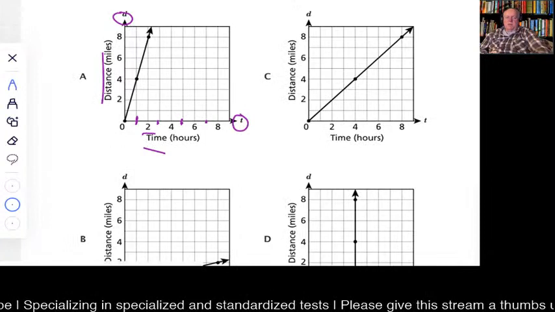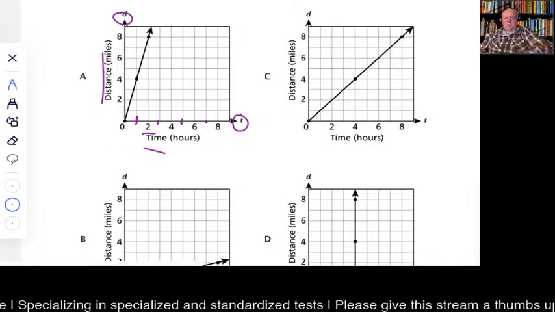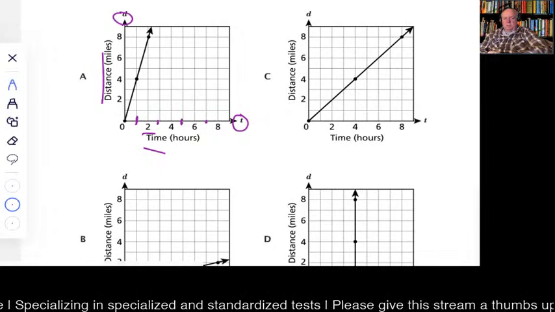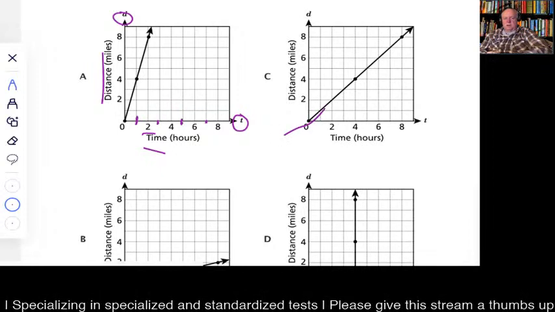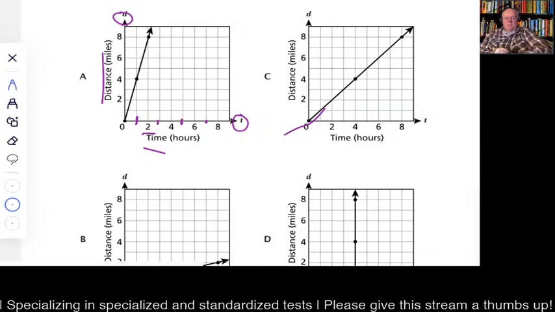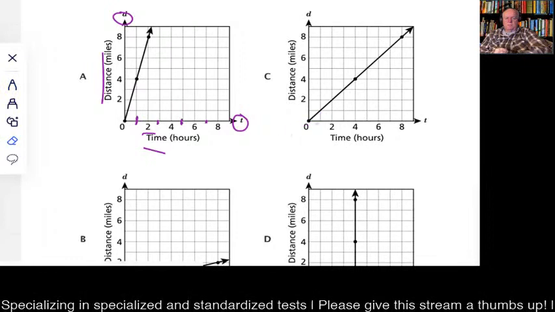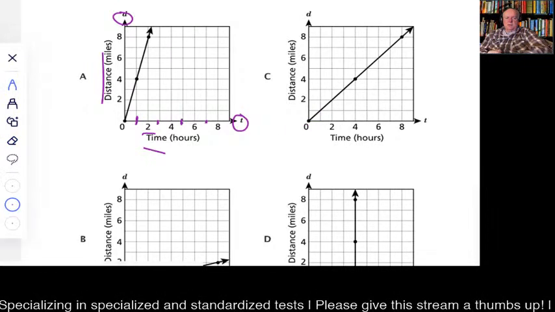C has probably the most consistent slope, because there's a square there and it goes through the middle of every single unit square. That might be helpful to know, but I don't know yet if it's going to be important, because we haven't looked at the question yet.